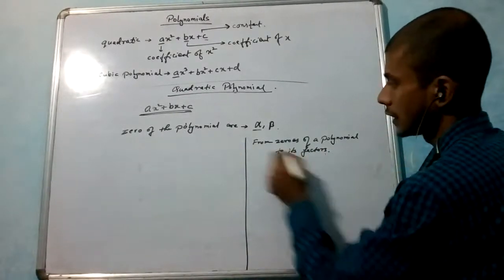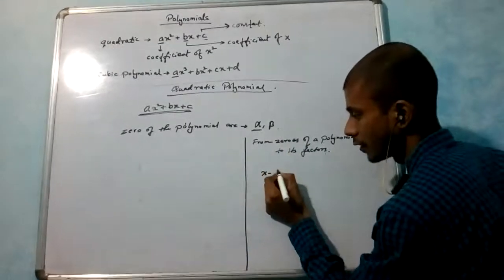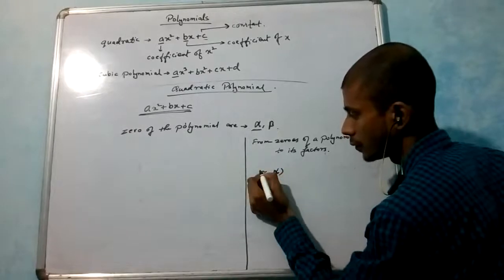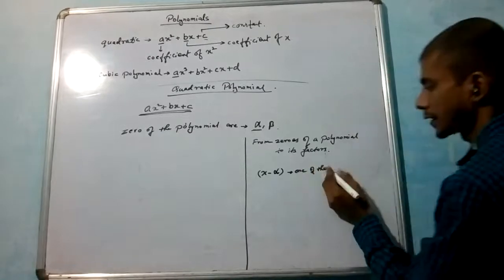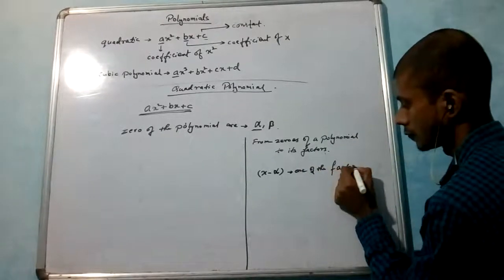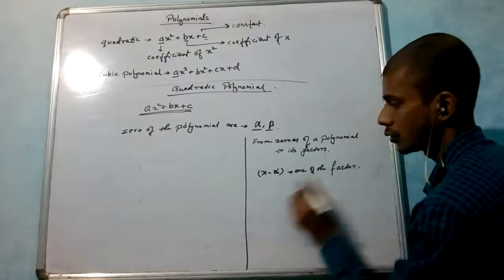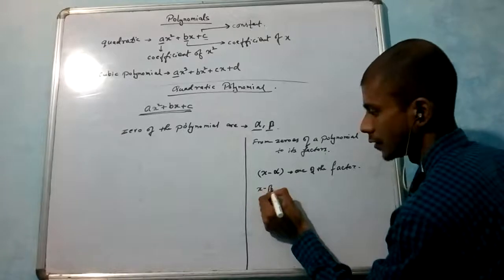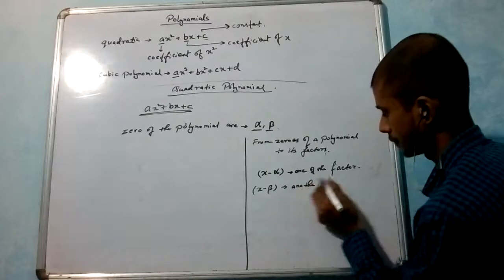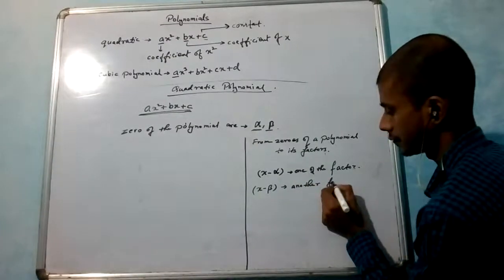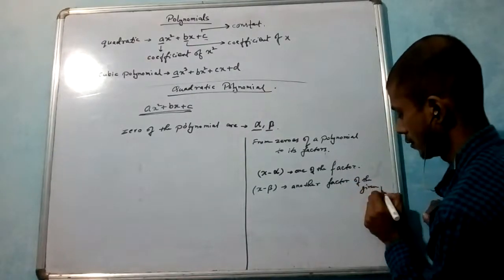Okay. How? If alpha is one of the zeros, then x minus alpha will be called one of the factors. Okay. If beta is one of the zeros, then x minus beta will be another factor of the given polynomial.